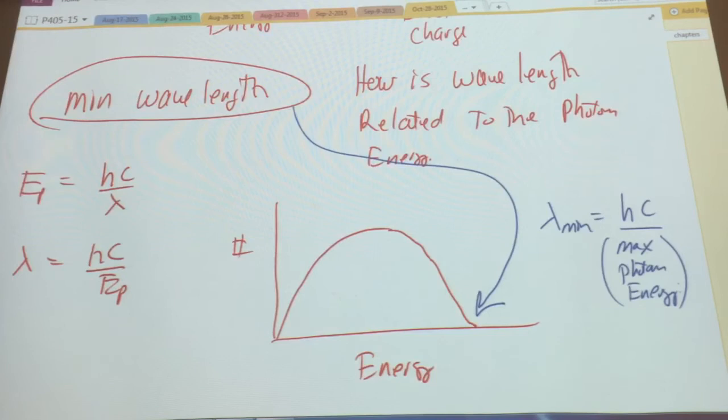So basically, the minimum wavelength is hc over the max photon energy? Yeah. That's all there is to it. It's not very complex. It's just they throw in this new name, the minimum photon wavelength, a little additional stumbling block.